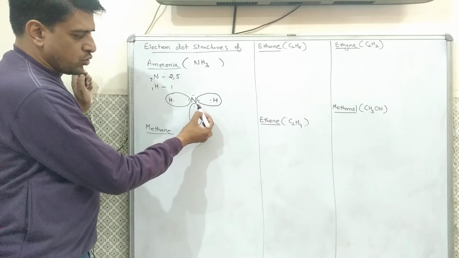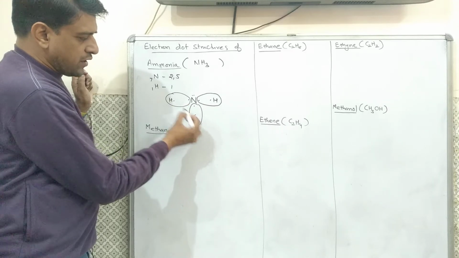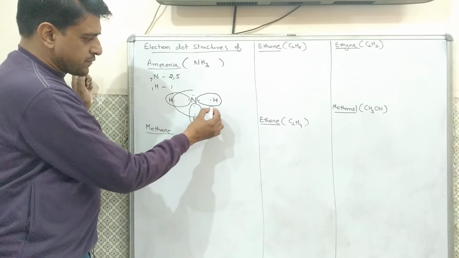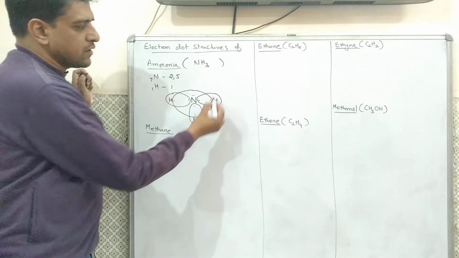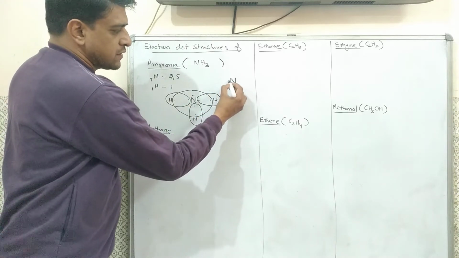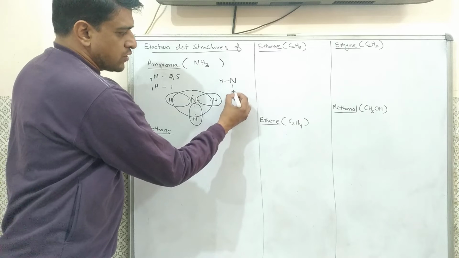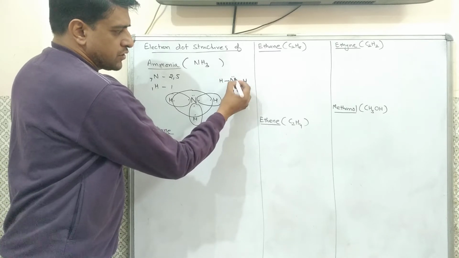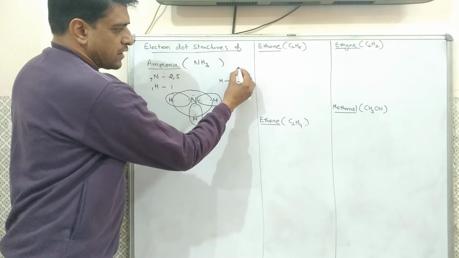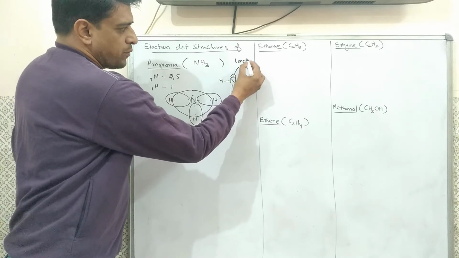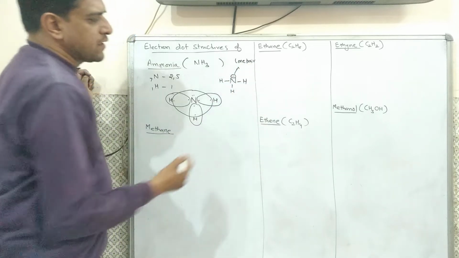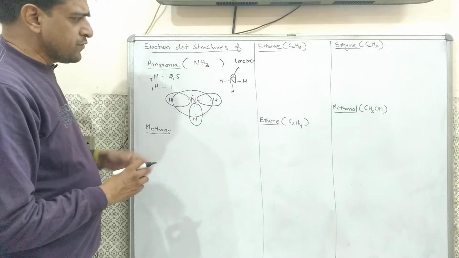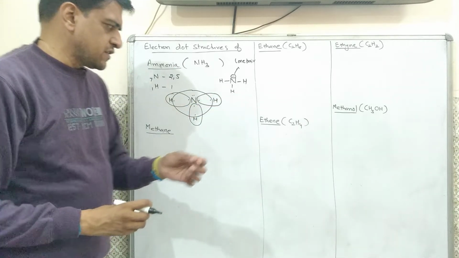It has its own 5 electrons and 1 electron from each hydrogen like this. In this way, nitrogen has 3 single bonds with each hydrogen, and these 2 electrons, they are lone pairs. Lone pair stands for the electrons which are non-participating, which you will learn in later classes.